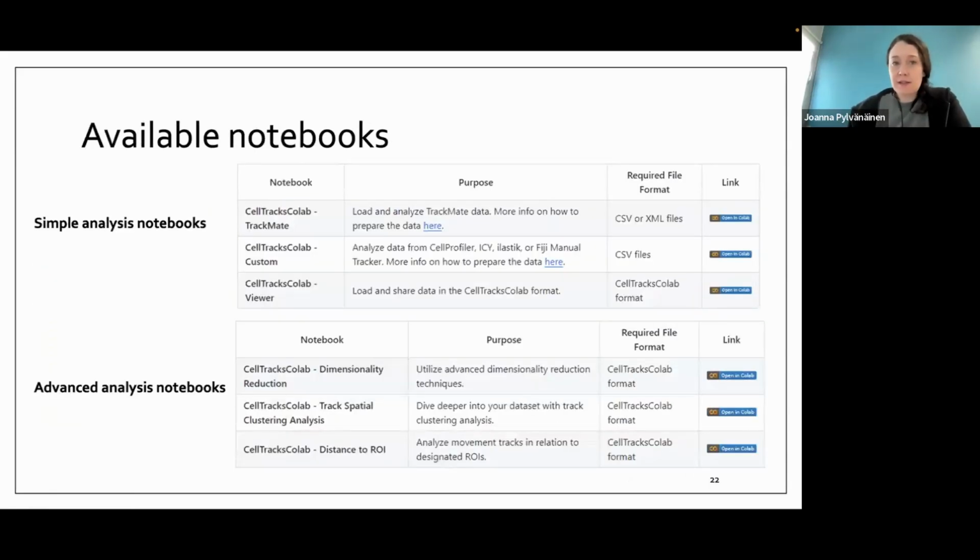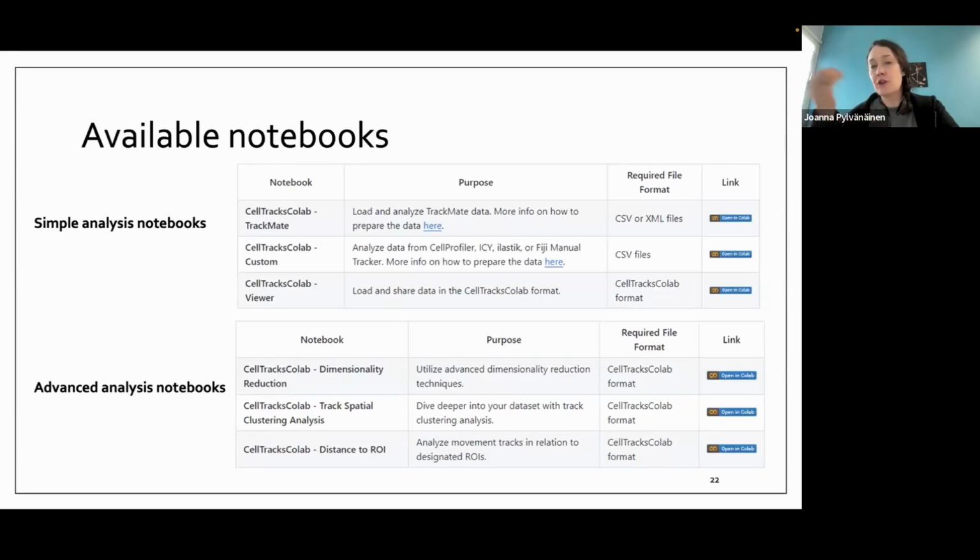There are currently 6 different notebooks available in the CellTracksColab platform. So we have simple analysis notebooks. We have one dedicated to TrackMate, which can directly read TrackMate output and compile these files. And if you're using any other software, you will need to use the CellTracksColab custom notebooks. This is just because of how the column names are.